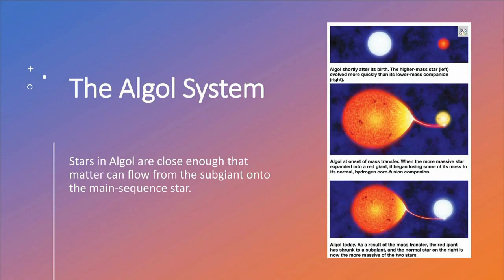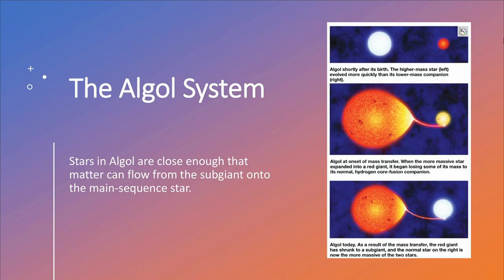And so if you're close enough together, the companion star can actually steal some of the material from the outer layers of the supergiant. And so now, if you steal enough mass, you're not a low mass red star, now you've become a high mass blue star by stealing some of the mass from your companion.